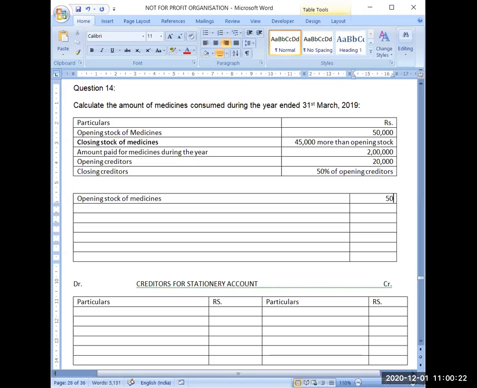Opening stock is 50,000. We will add the purchases made during the year.